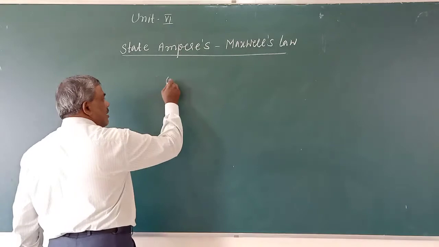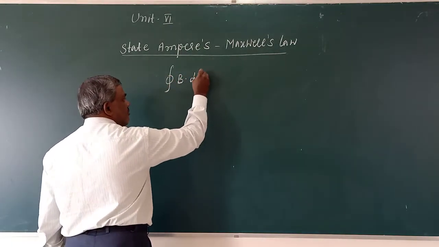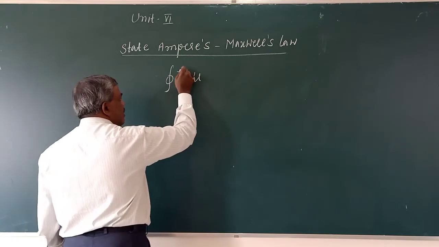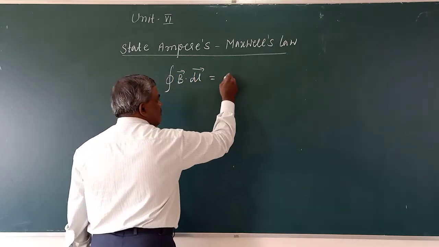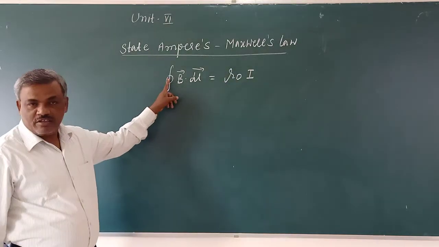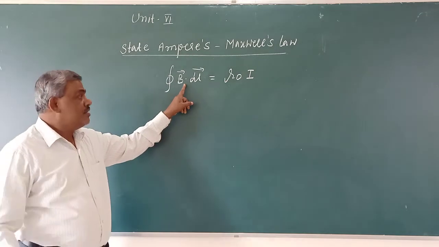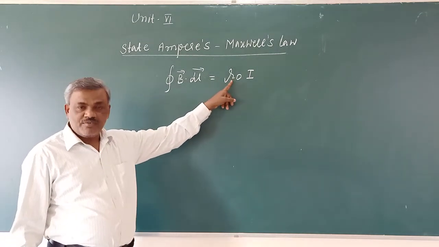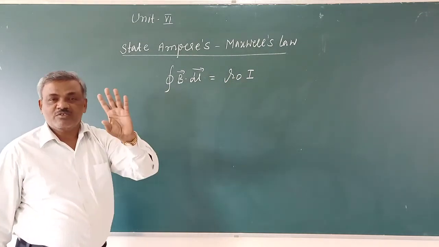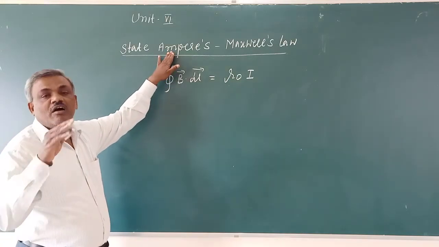The line integral B dl equals mu naught I. This is the statement of Ampere's circuital law.